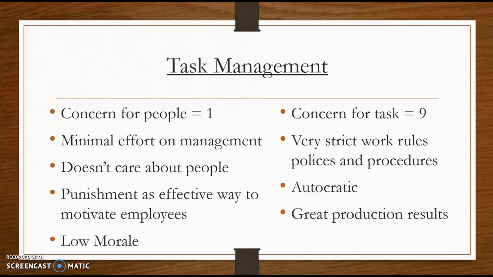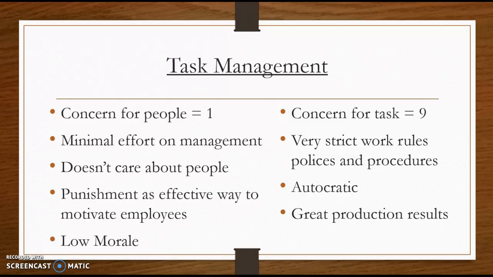Task management. Task management has a 1 for concern for people and a 9 for concern for task. This means that the manager puts minimum effort into the people side of management. His concern is not about the people.